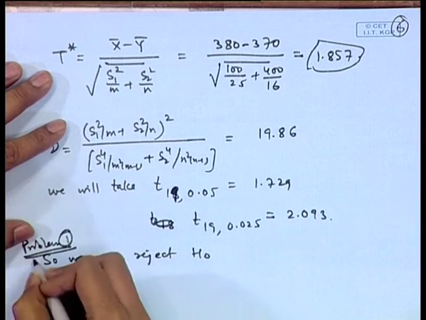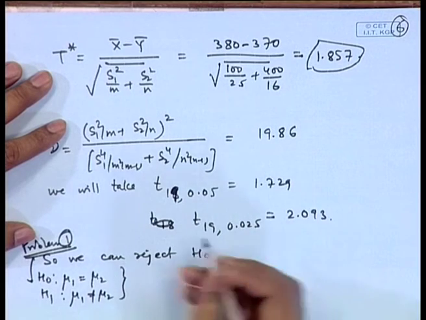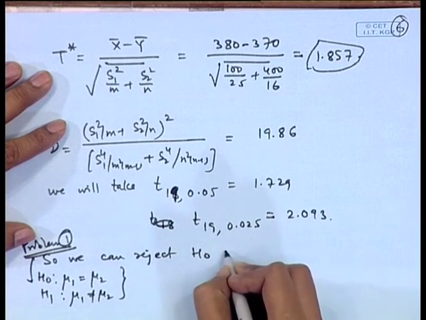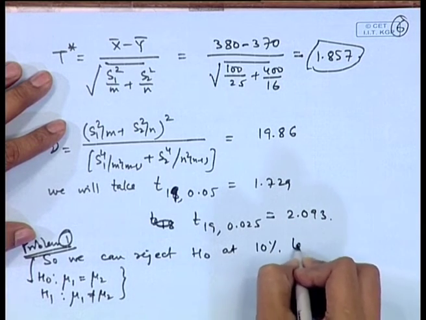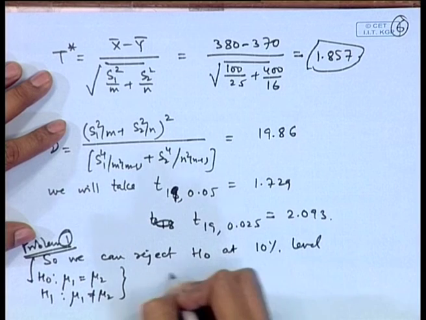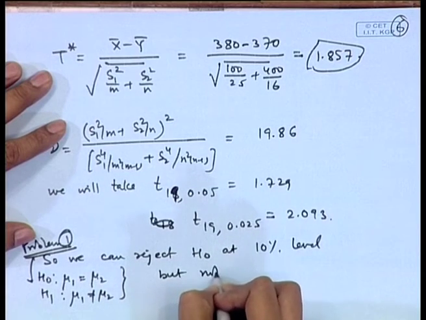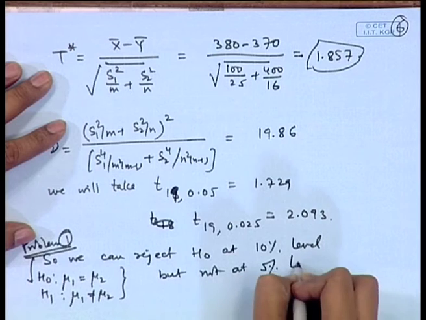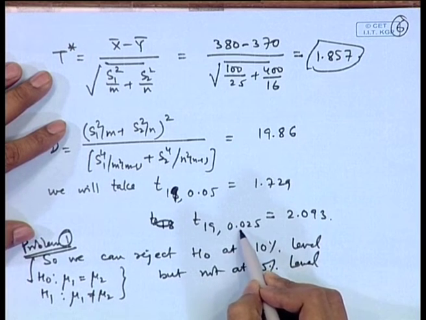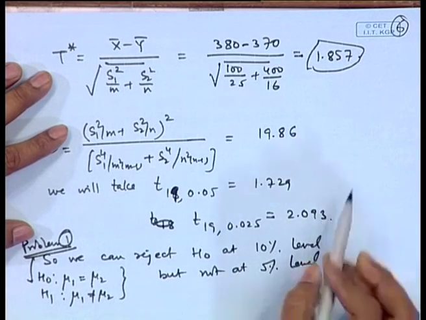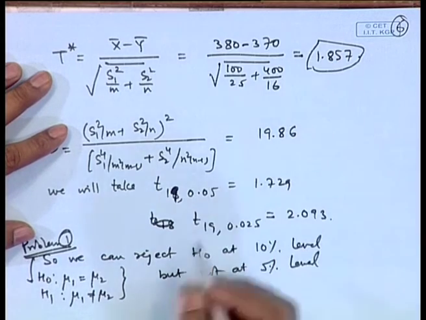If I am considering this, then we can reject H naught at 10% level, but not at 5% level, because at 5% level T alpha by 2 value will be 0.025, that is 2.093, which is larger than this.